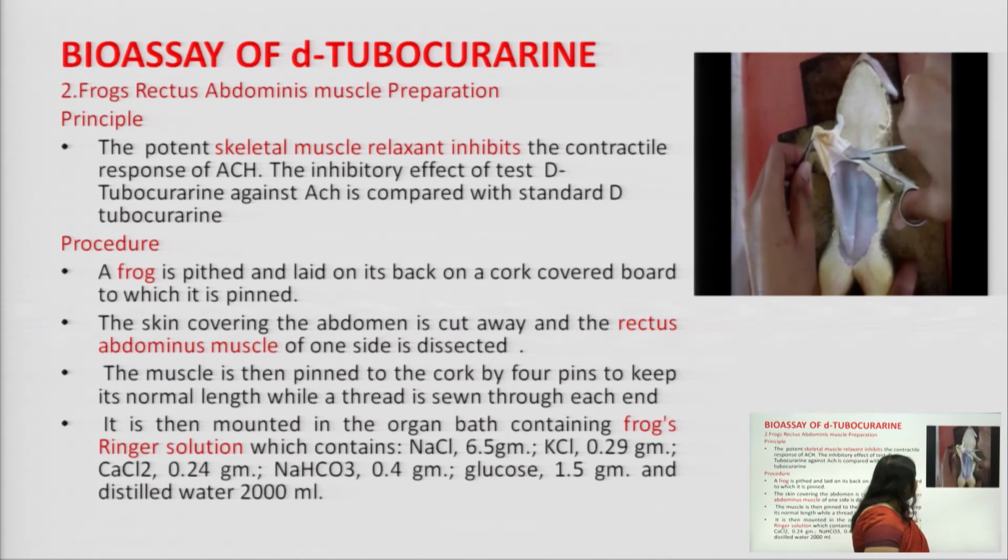This is the frog, this part we expose, cut the skin on top, pith it, and this part, what you are seeing, is the rectus abdominis muscle. So from here we can get 2 rectus abdominis muscles. So the principle involved in this bioassay of D-Tubocurarine when we are using frog rectus abdominis muscle is that this potent skeletal muscle relaxant inhibits the contractile response of acetylcholine.